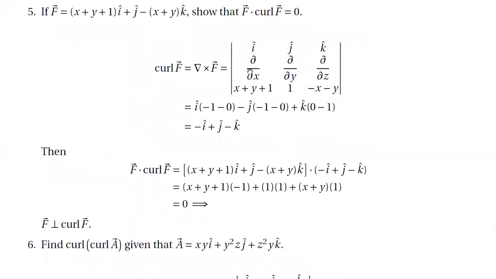So leaving the first column and the top row, we get dou by dou y of minus x minus y.